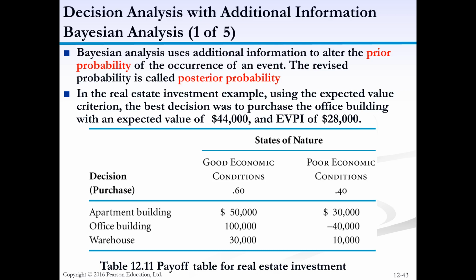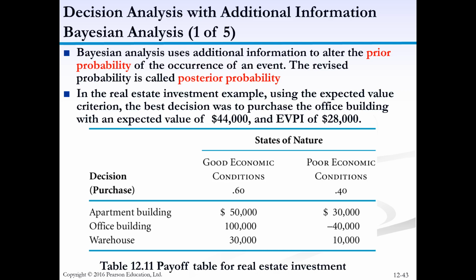All right, now what I will do is I will quickly go through these slides. Decision analysis with additional information is called Bayesian analysis, and Bayesian analysis is used when additional information is there to alter the prior probabilities, and the revised probabilities are called posterior probabilities.